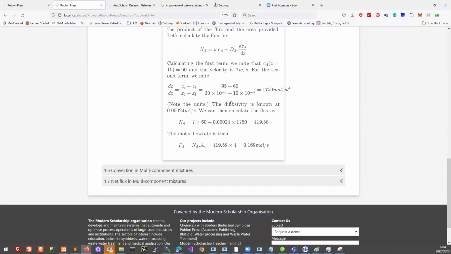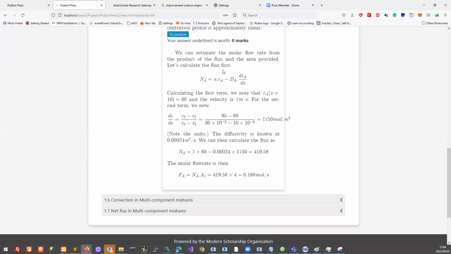And so here is all of that. Your molar flux is your bulk convection and your diffusion. We estimate this part first: dc/dx, just using those two concentrations and those two positions, we get the gradient there.